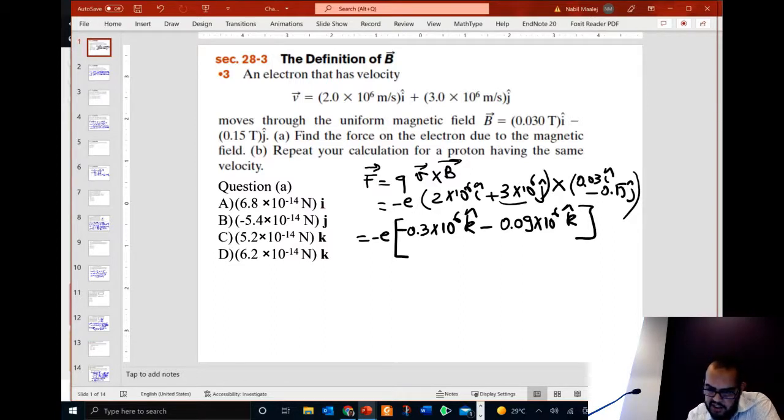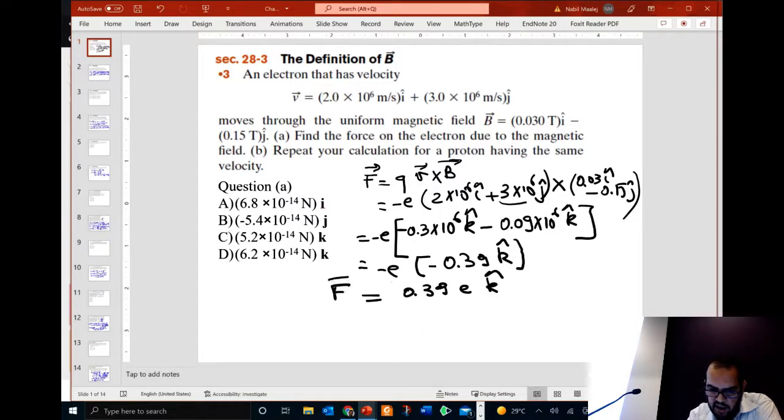You can see I have minus e times minus 0.39, so it's 0.39 times e times k, and this is the force.